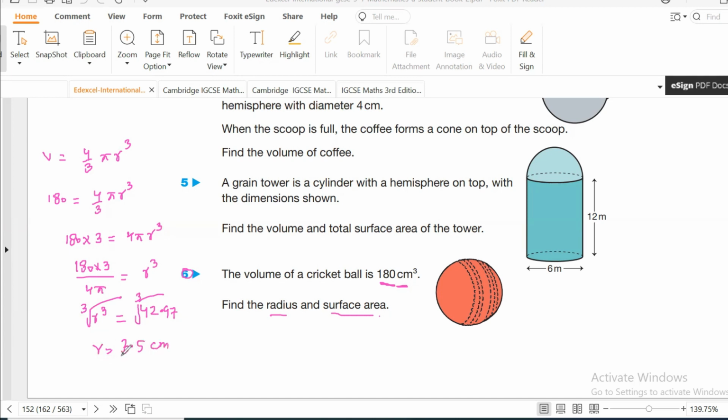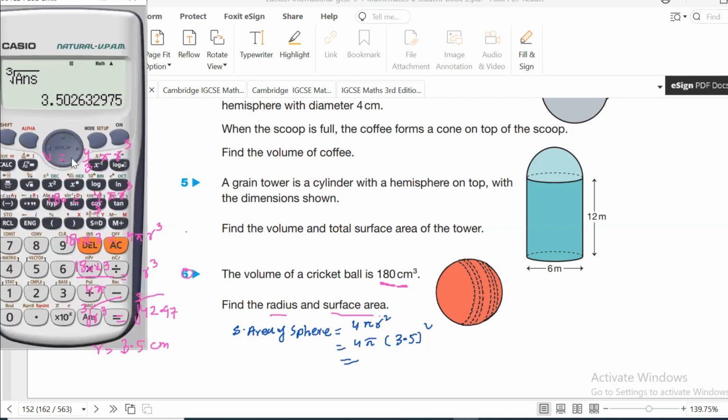Now this radius will help us find the surface area of the sphere, and the formula for the surface area of a sphere is 4 pi r square. That means 4 pi, r is 3.5, whole square. Again we can check in the calculator.